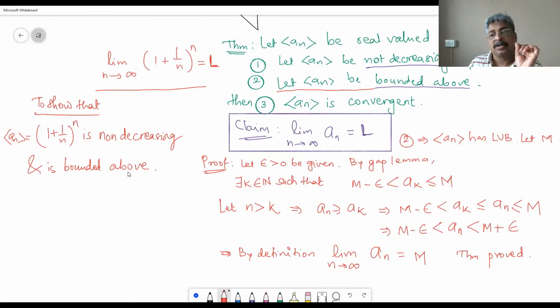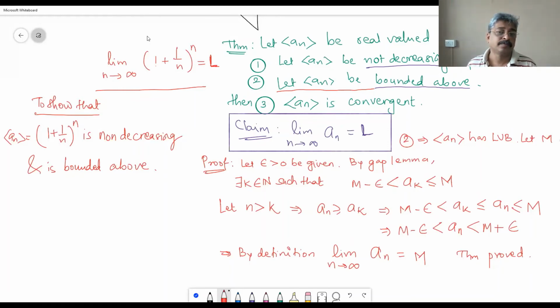So solving this limit is solving or proving these two statements: 1 plus 1 upon n raised to n is non-decreasing and is bounded above. I give you time to do this, and then I will write down the proof.